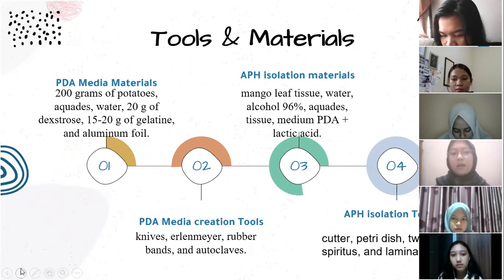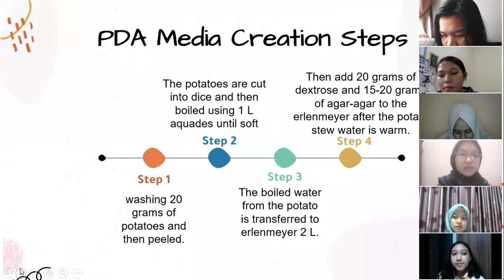The APH isolation materials: we need mango leaf tissue, water, alcohol 96%, aquades, tissue, and PDA medium plus lactic acid. In the APH isolation tools, we need cutter, petri dish, tweezers, spirit burner, and also laminar airflow.